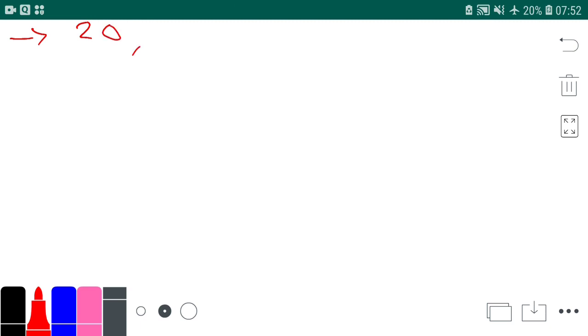If the digits are like this, only 4 digits are given: 20, 10, 30 and 40. Only 1, 2, 3 and 4 digits are given.